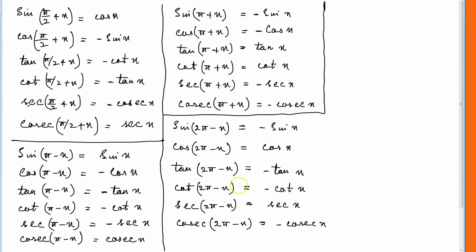And again here you can see that in all of these cases, when you have 2 pi, sine remains sine, cos remains cos, tan remains tan, cot, cot, secant, secant, cosecant, cosecant. And basically all of these trigonometric ratios are negative, except in the case of cos and secant.